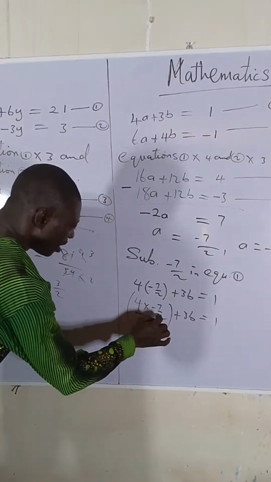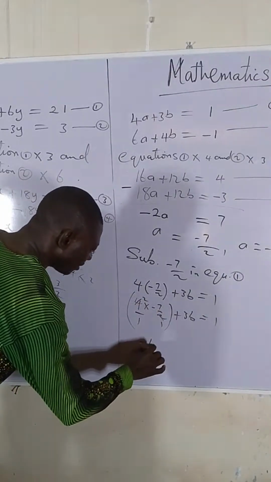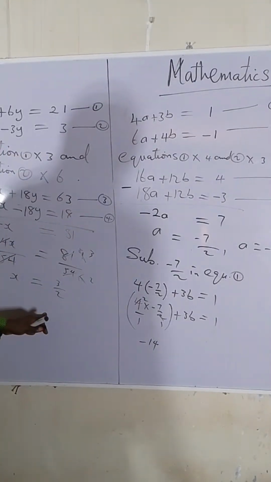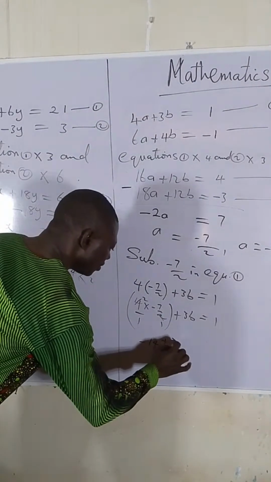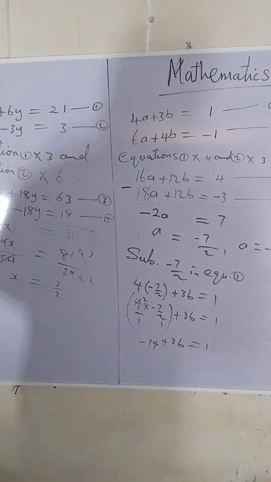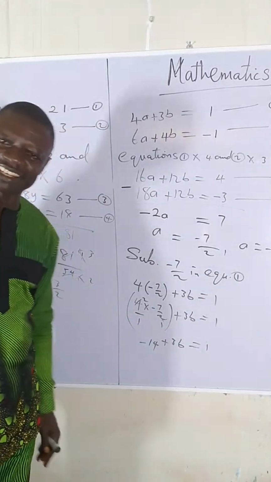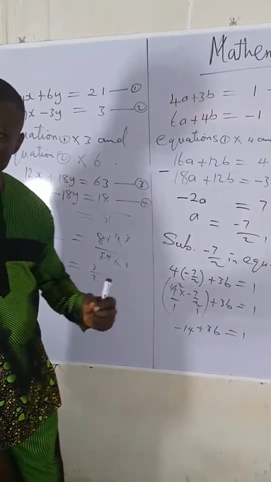And so we have here 1, we have here 2. Minus 14. Okay? Minus 14 plus 3b is equal to 1. Is it possible for us to take this number that has no letter to the other side? Yes, it is. So that is collection of like terms.